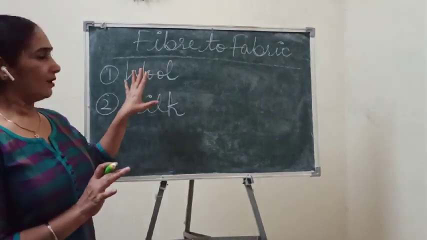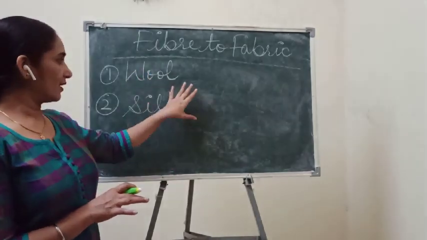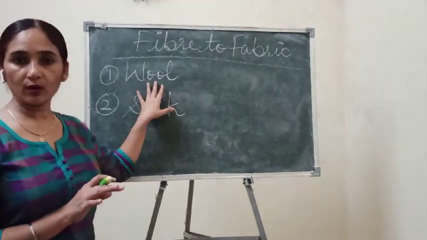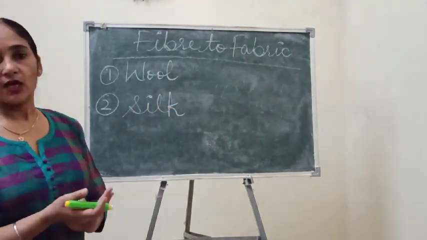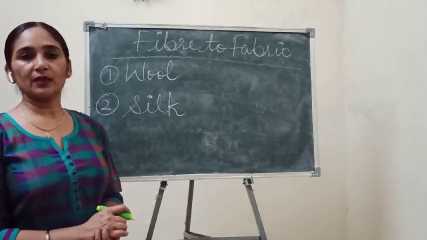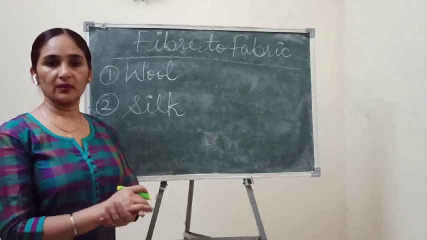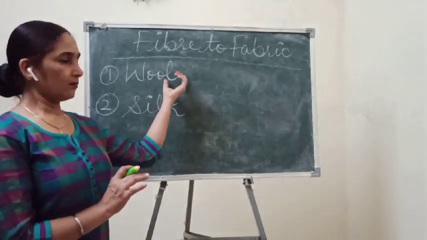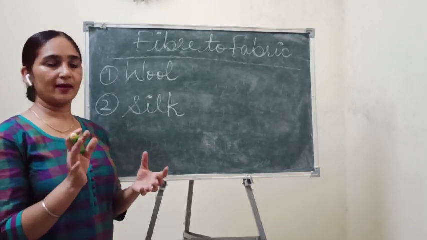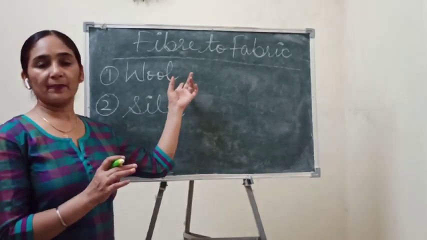So what you have studied in the month of April in this chapter? Wool and silk. So wool, you know that we can get from the hair of animals, and animals' pictures are also given in your book, you can see there.